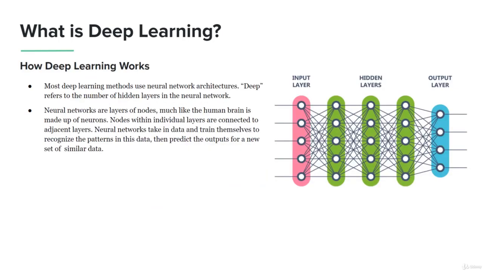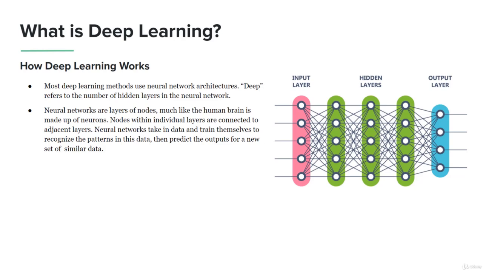Okay, so how deep learning works. Most deep learning methods use neural network architecture. The deep refers to the number of hidden layers in the neural network. You can see here on the right-hand side the input layer, hidden layers, and then the output layer. The hidden layers are the ones doing essentially all the work for the most part. Neural networks are layers of nodes, much like the human brain is made up of neurons.